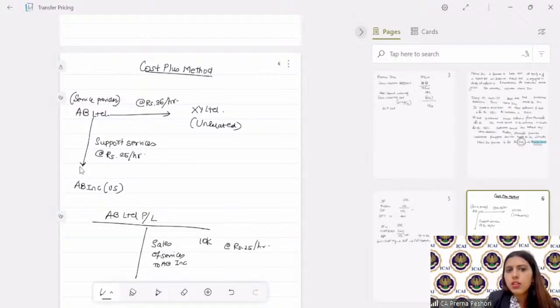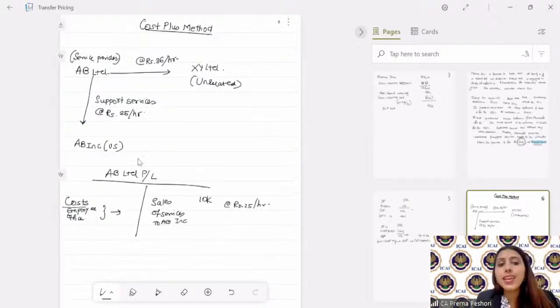And it will incur certain costs, say employee cost, office cost, whatever cost it will incur for providing these services.